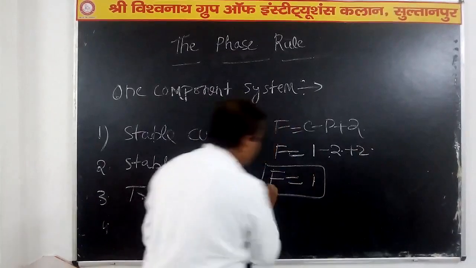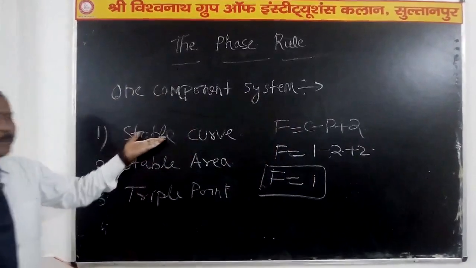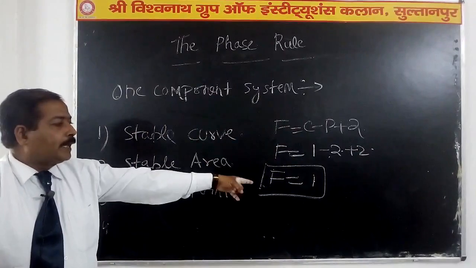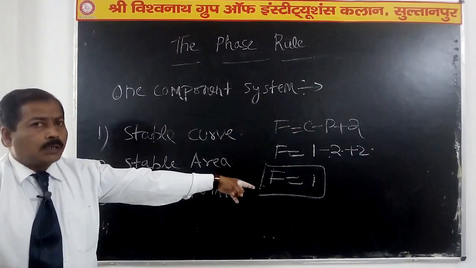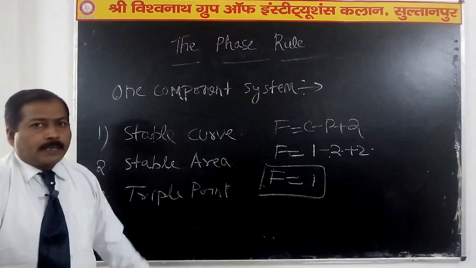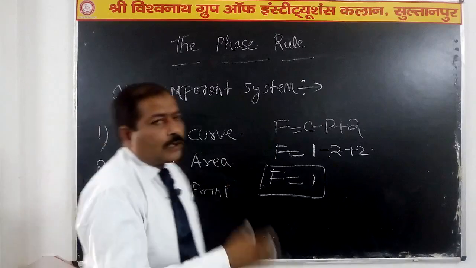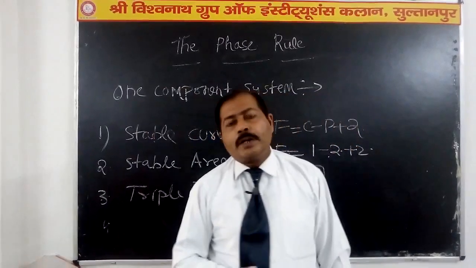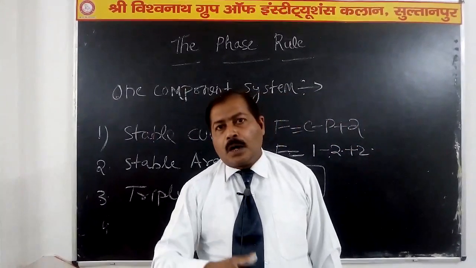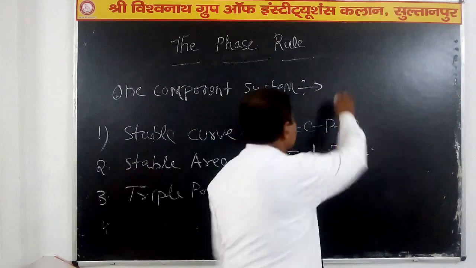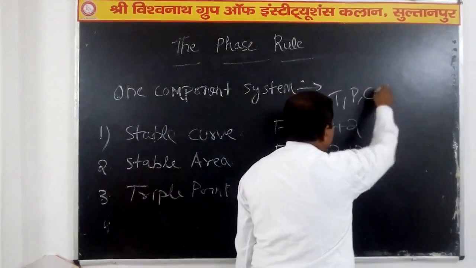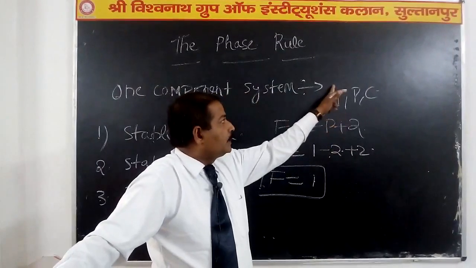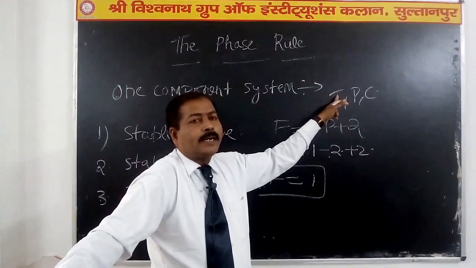It means that along the stable curve of a one component system, the system always would be univariant or monovariant. It means for describing the different phase behavior, that is how the solid is converting into the liquid or liquid is converting into the vapor, out of the three variables, that is the temperature, pressure and the concentration, we require only one variable.